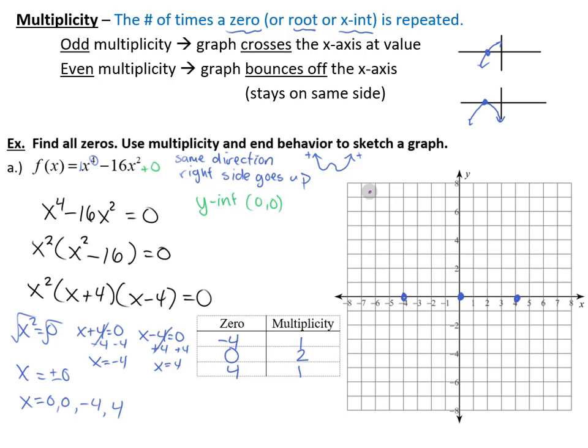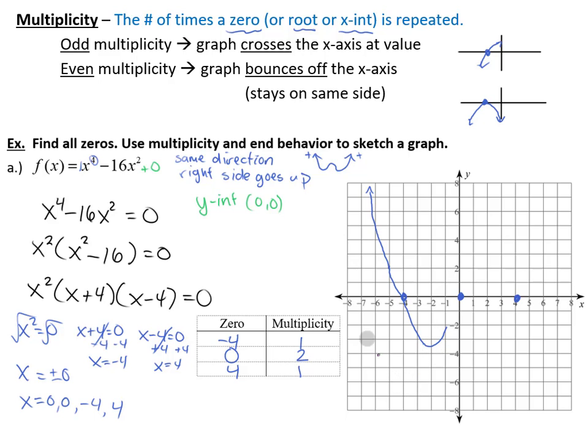So I can begin somewhere above, and I'm going to start to come in towards -4. I look at -4, and its multiplicity is 1. That's an odd number, and that tells me that we're just going to cross the x-axis at that value. So we come in, we just cross at -4, and eventually we're going to start curving back up towards 0. Nice smooth curve.